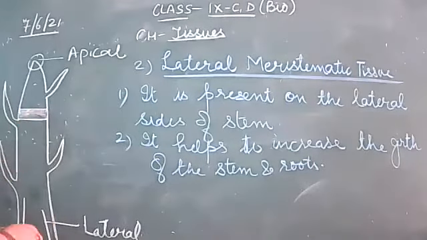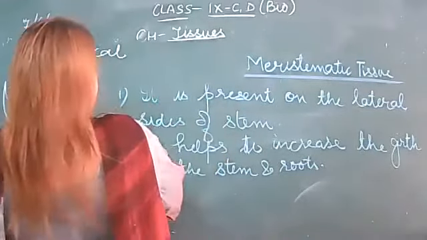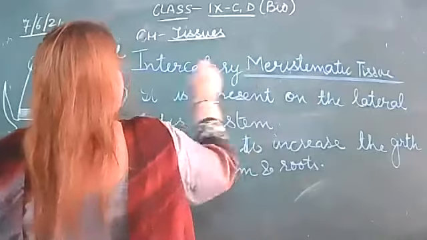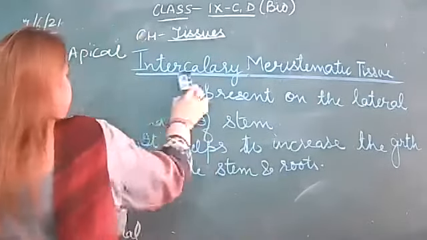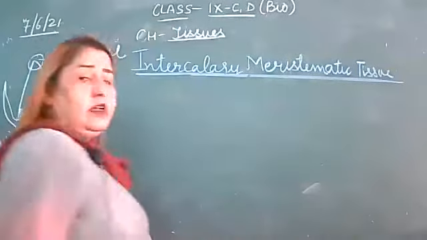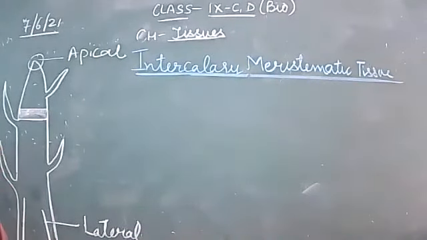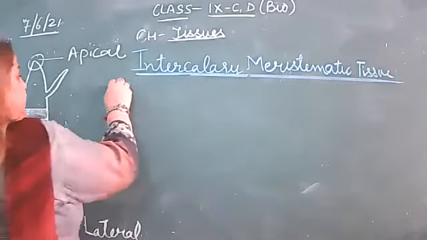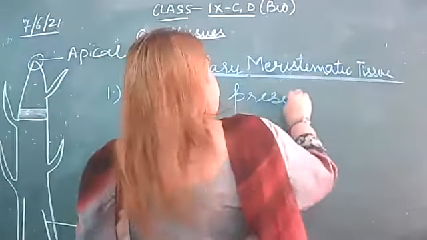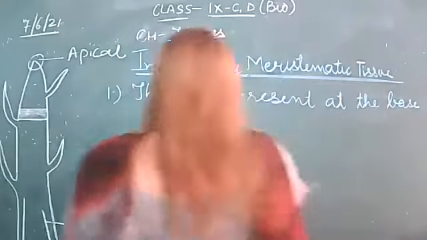And the intercalary, now we are going to discuss intercalary. Where is it present? Write down intercalary meristematic tissues. These are present at the base of the leaves.